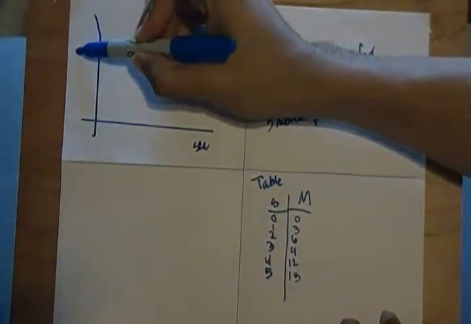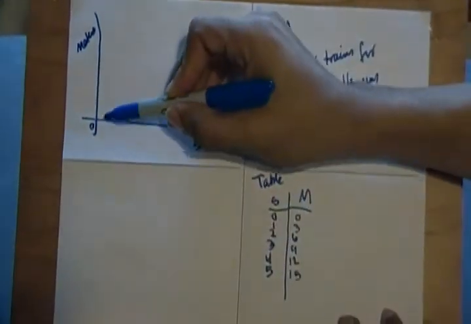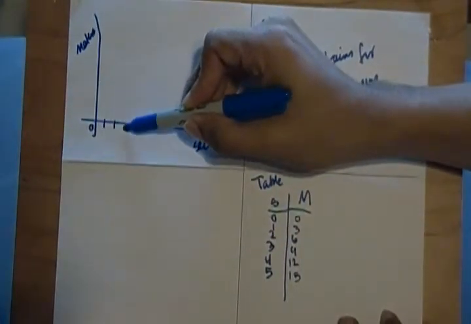This is in seconds, this is in meters. You have the origin, 1, 2, 3, 4, 5. 1, 2, 3, 4, 5, 6, 7, 8, 9.